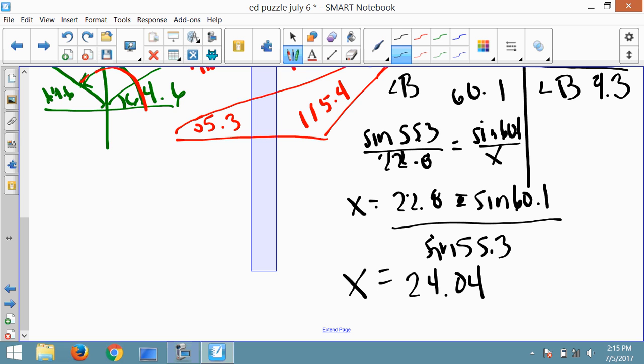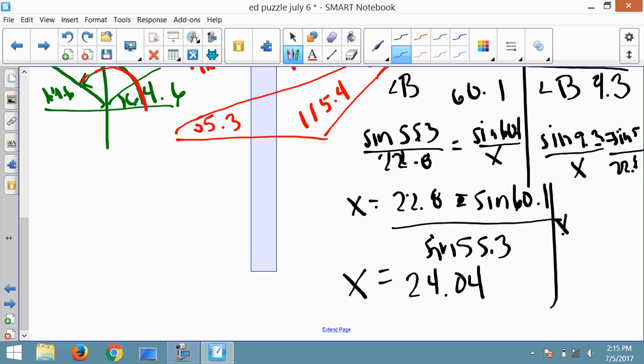If we have an angle of 9.3, then our other side B is going to be the sine of 9.3 over x equals the sine of 55.3 over 22.8.